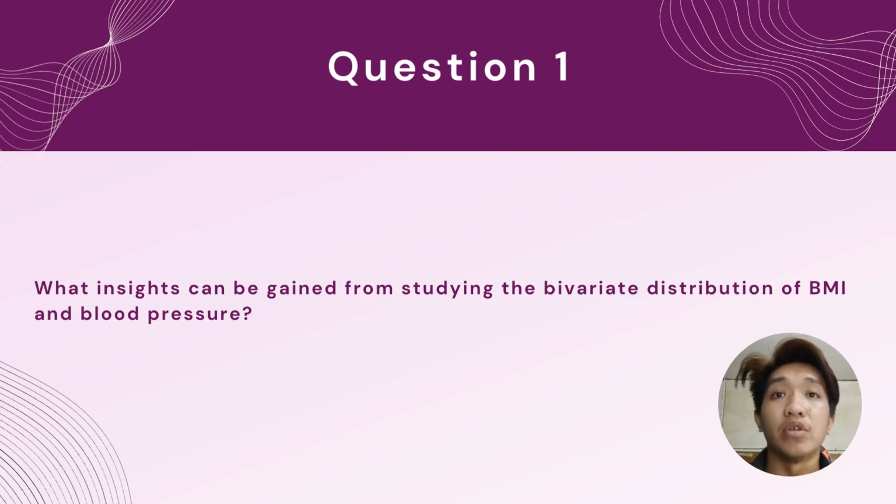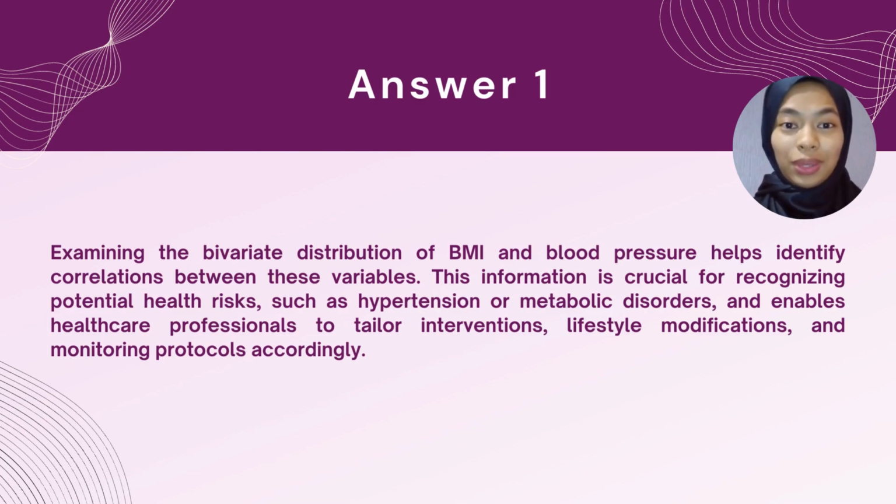So here is the question: what insight can be gained from studying the bivariate distribution of BMI and blood pressure? Thank you for the question, and my answer is: examining the bivariate distribution of BMI and blood pressure helps identify correlations between these variables.